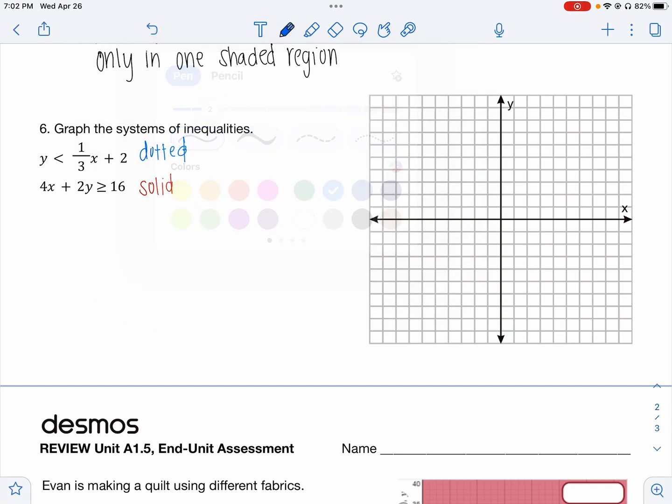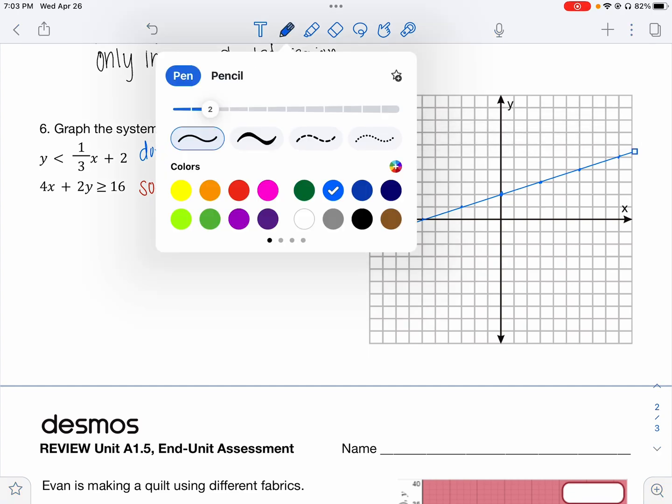This first equation, we can see that the slope is 1/3, so we're going to go up 1 over 3, and the y-intercept is 2. So if we're at 2, we're going to go up 1 over 3, remember this is dotted.